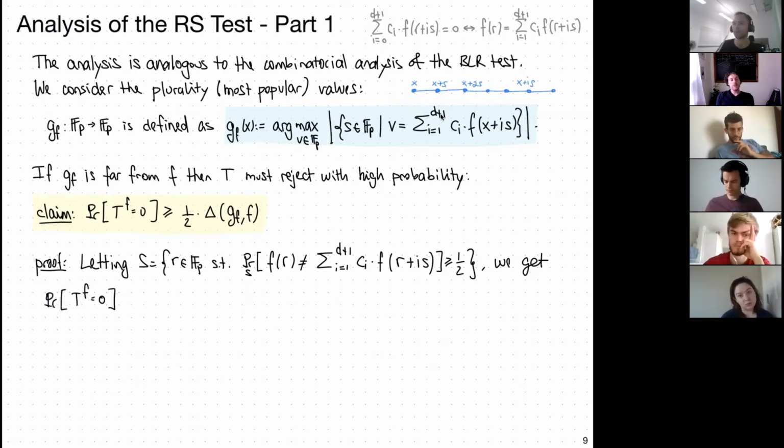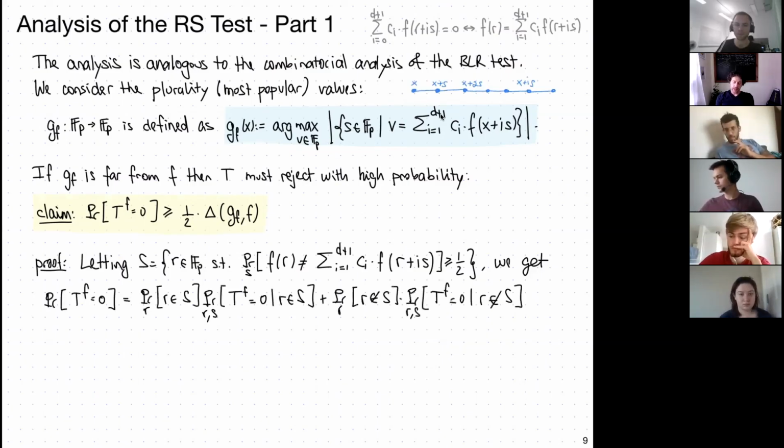Because in order to bound the probability of our test rejecting, we can, as before, look at this scary looking expression, which is actually very easy. We can look at the case where R is in S, and then look at the quantity we care about conditioned on that. And we can also look at what happened otherwise. In this case, that's hard to analyze, so let's forget about it.